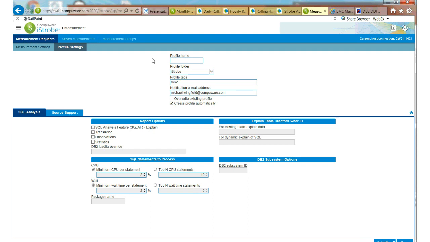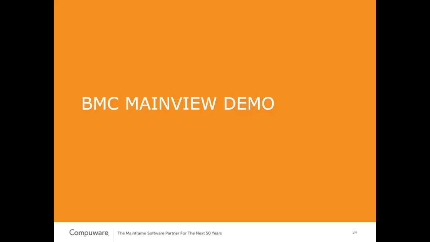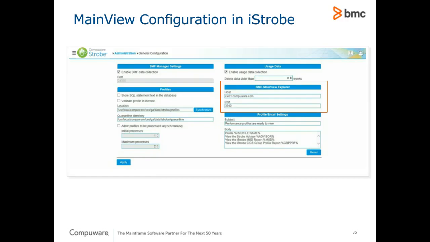So now let's go back and we'll take a look at the other BMC product. And that product is the MainView. So we're going to do a demo of the MainView Explorer. One of the first things that we do is configure where that MainView Explorer is, because this is a GUI interface.